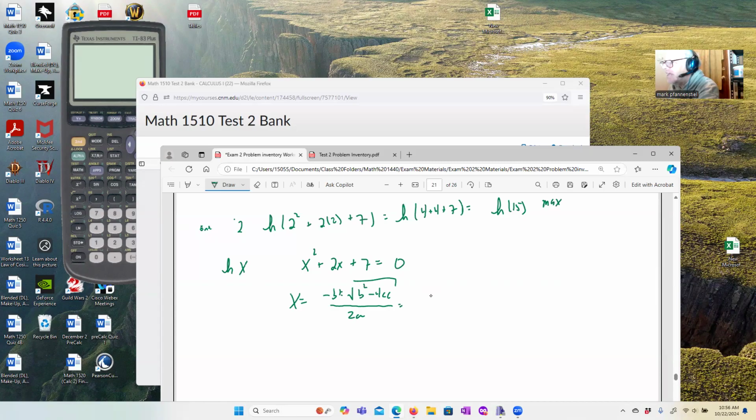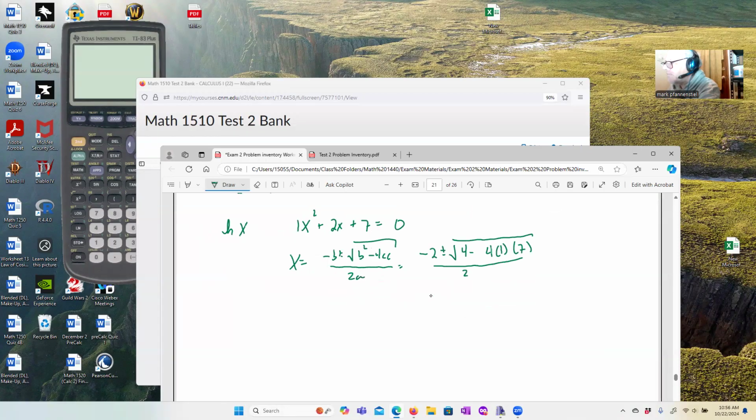Let's plug that in. We have -2 plus or minus the square root of 2 squared, which is 4, minus 4 times a, which is 1, times c, which is 7, all over 2a. Even though it didn't happen in this problem, I did give you a problem where this happened. Boy, that would be sneaky, wouldn't it? Then we have 4 minus 28, 4 times 7, all over 2.